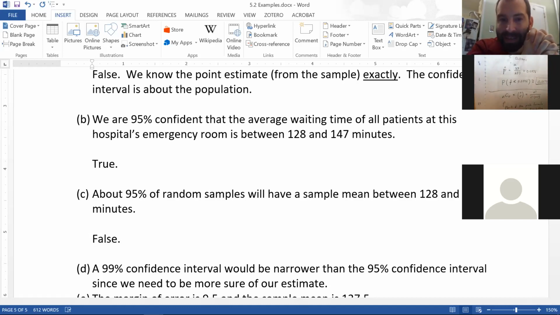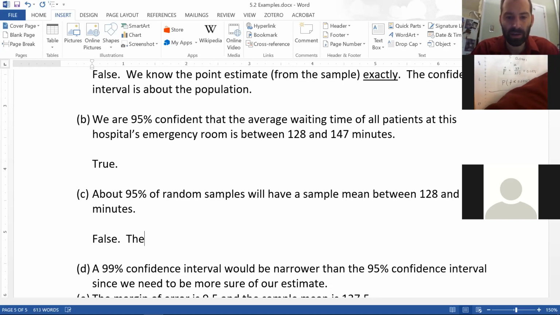And what we're expecting is 95% of the point estimates to fall within a certain range of the actual mean. We don't expect 95% of the point estimates to fall within our point estimate. We expect them to fall within a certain range of the actual mean, the actual parameter. So this is kind of thinking about things the wrong way. It's centering things around the point estimate instead of the actual parameter. So this is false.